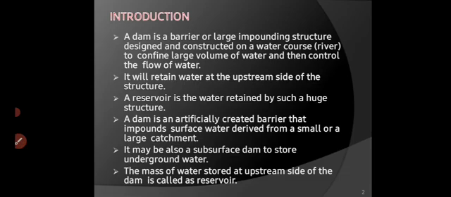It may also be a subsurface dam to store underground water. The mass of river water stored at the upstream side of the dam is called a reservoir. So this slide explains what a dam is, what its purpose is, and what a reservoir is. I hope it is clear.